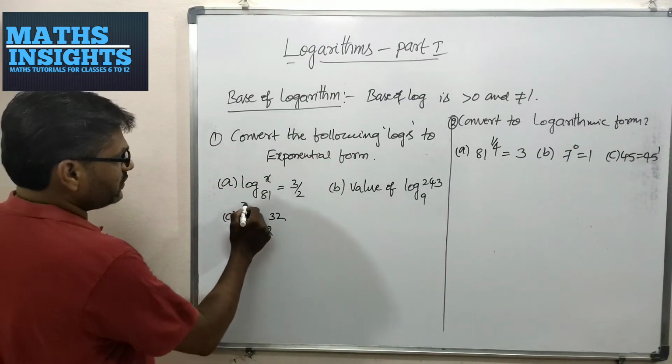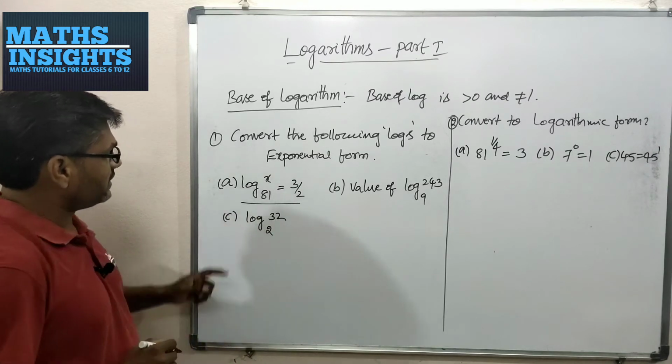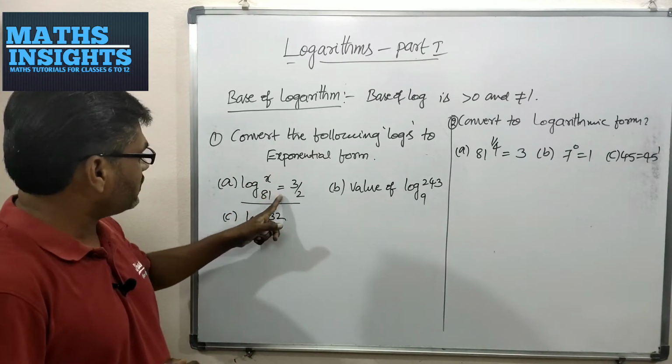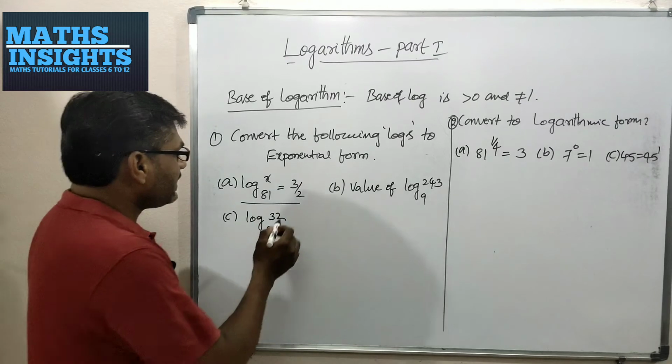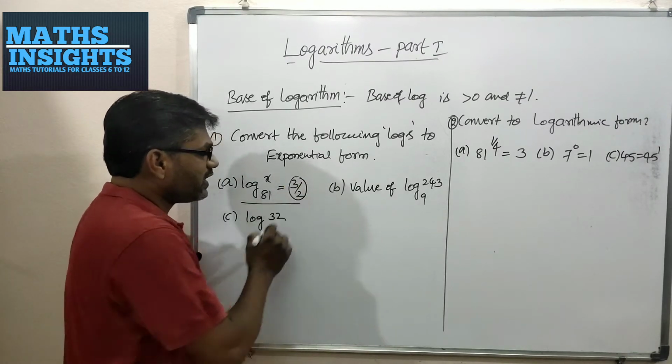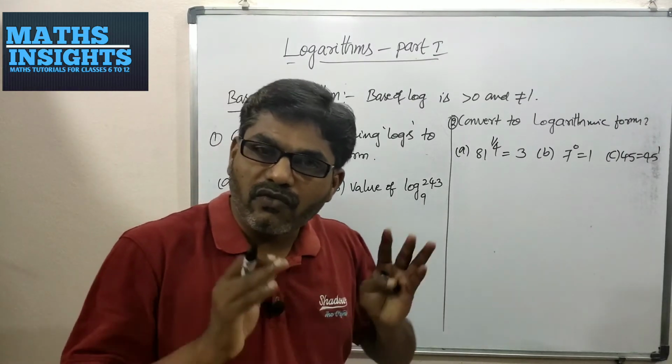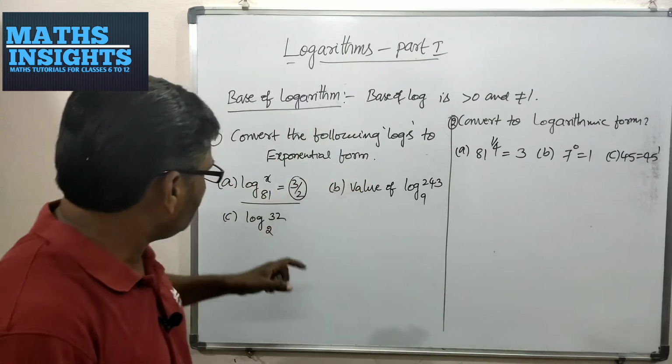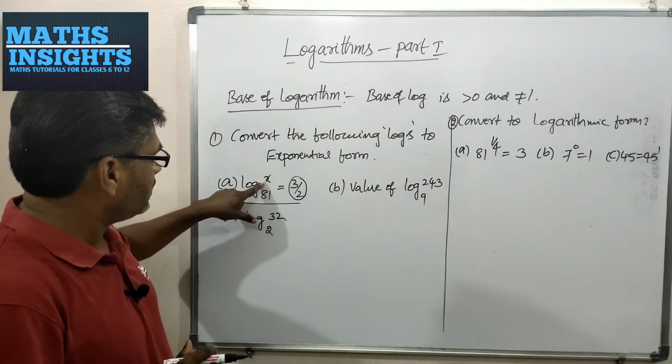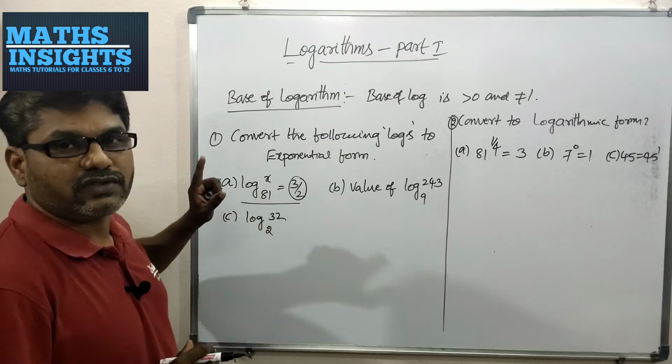If you see the first one, it says log x base 81 is equal to 3 by 2. This 3 by 2 is nothing but the power to get this x on the base 81.